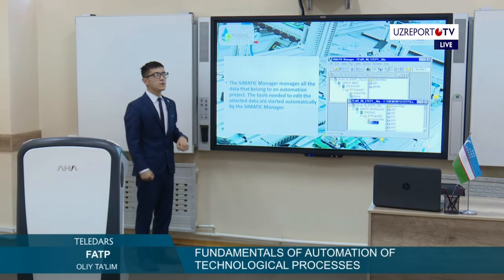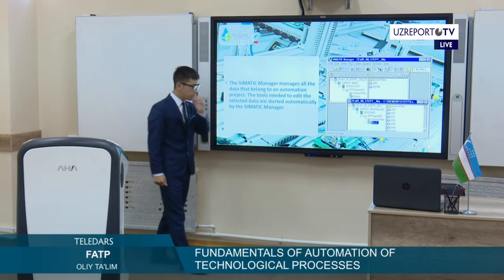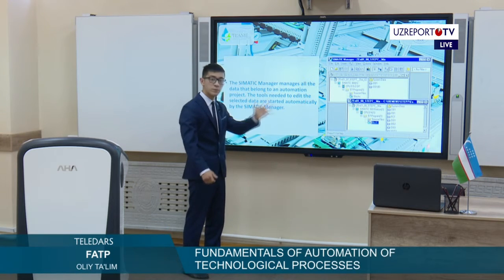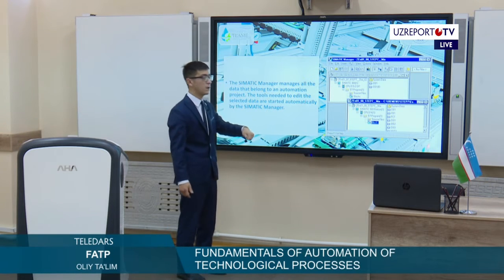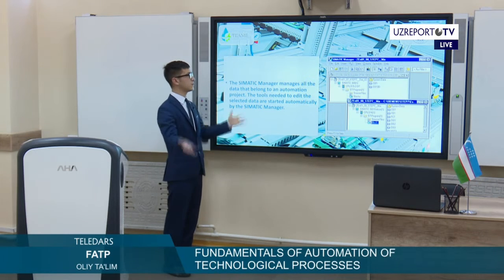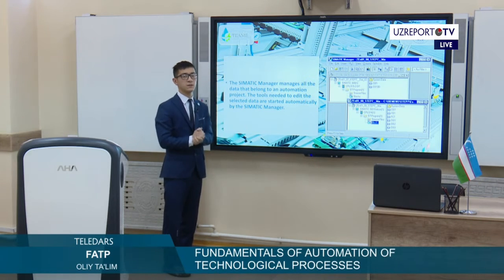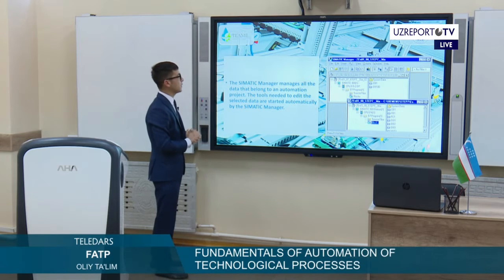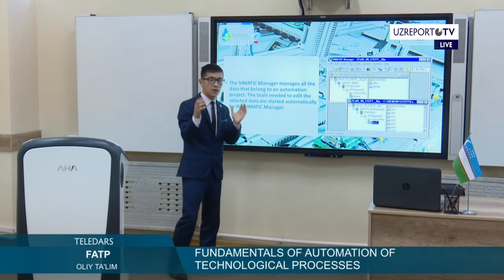Today we'll use special software. If we have a laptop, we must have a program with special syntax. Today we'll talk about Step 7. To start working in Step 7, we'll do it together, step by step. First of all, we need a manager to reach the controller.